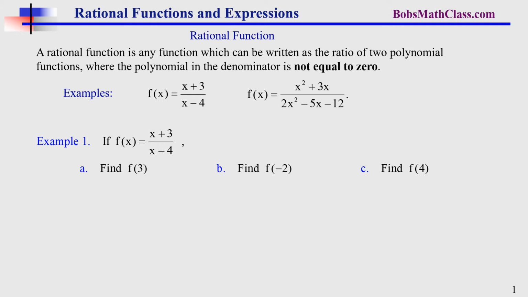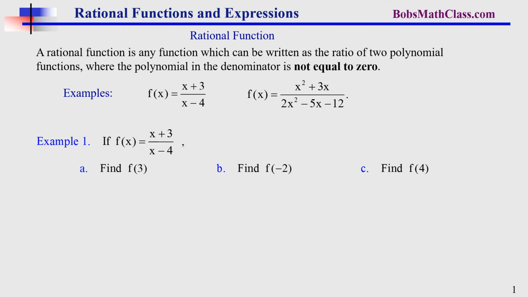So we're just saying that we can't have 0 in the denominator. That's very important, right? When we have 0 in the denominator, it's called undefined, right? Not 0, but undefined. Okay, so these are some examples of rational functions. F of x equals x plus 3 over x minus 4.